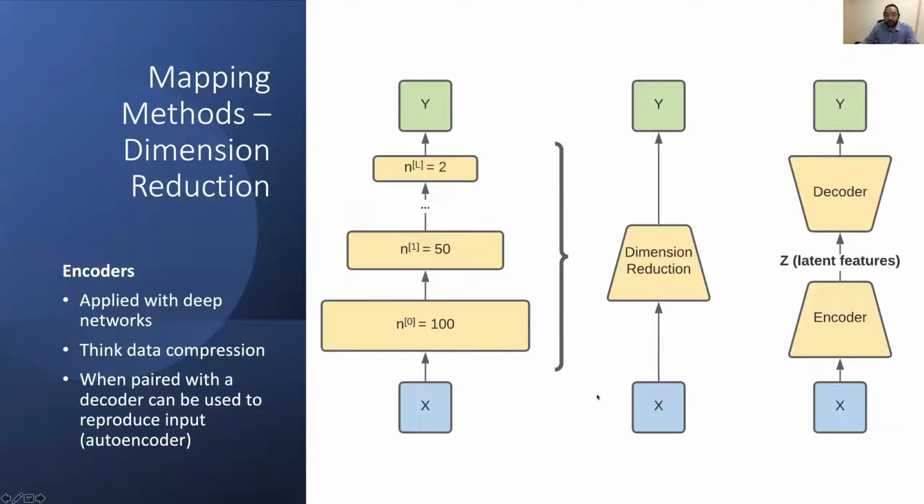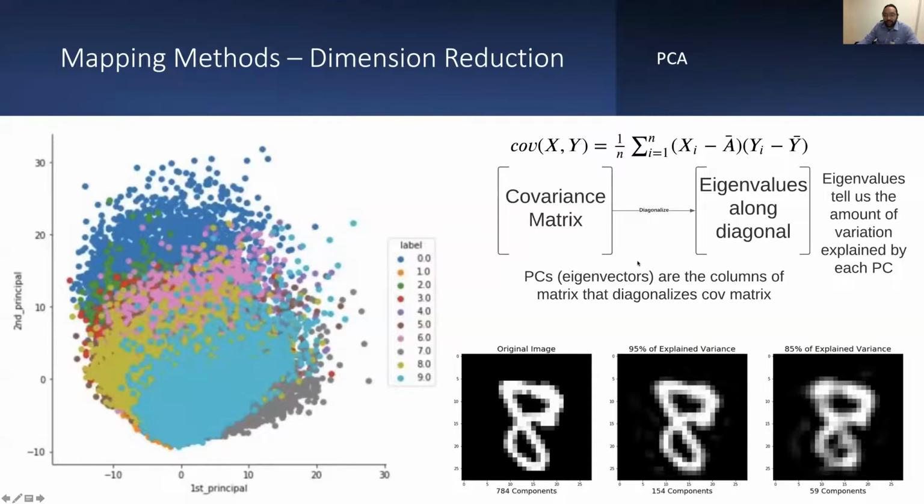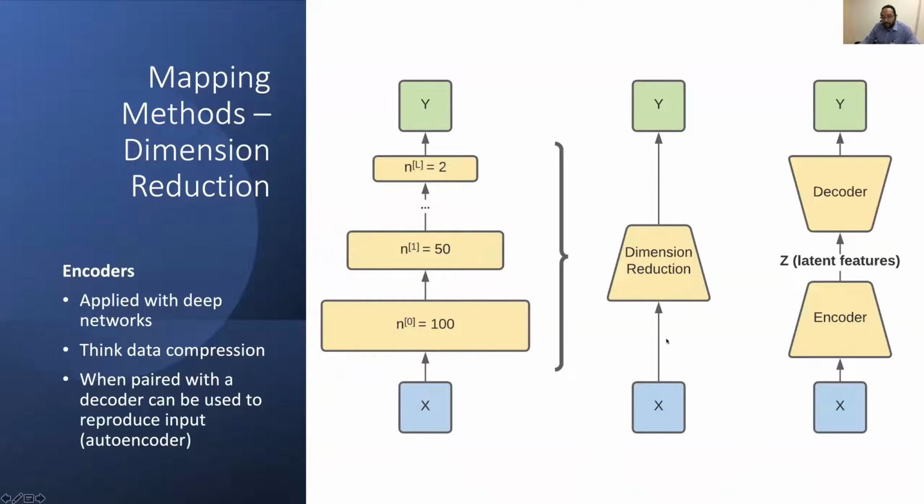All right, so the workhorse of dimension reduction, of course, are encoders. Just like we just saw with PCA, that with 59 components we could explain a certain variation, encoders do the same thing. They take a lot of features and try to distill them down. Think data compression.